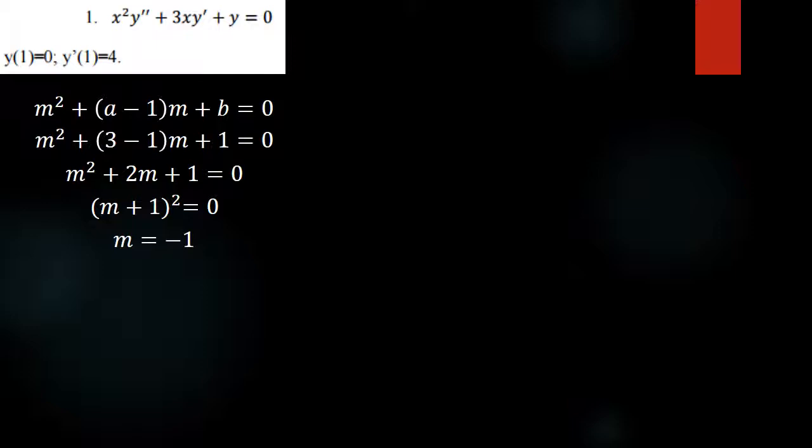With the value of m, we can write the general solution of this differential equation. We have y equal to c1 multiplied by x to the power of minus 1 plus c2 multiplied by x to the power of minus 1 multiplied by the logarithm of x.